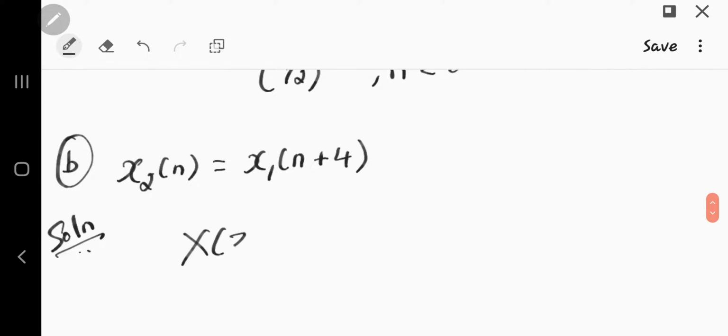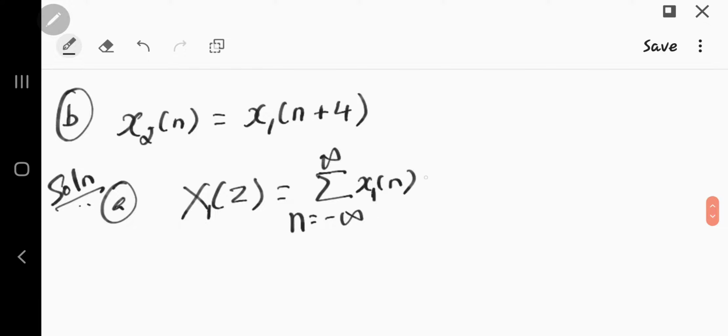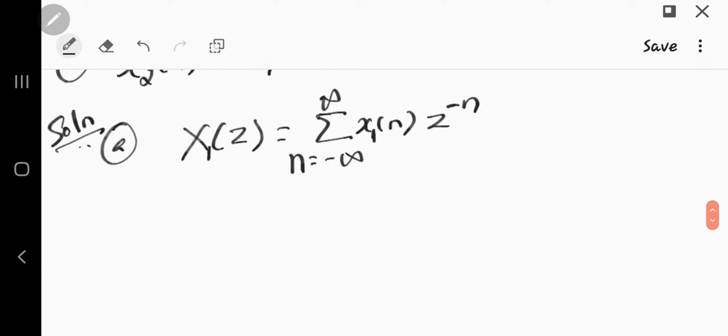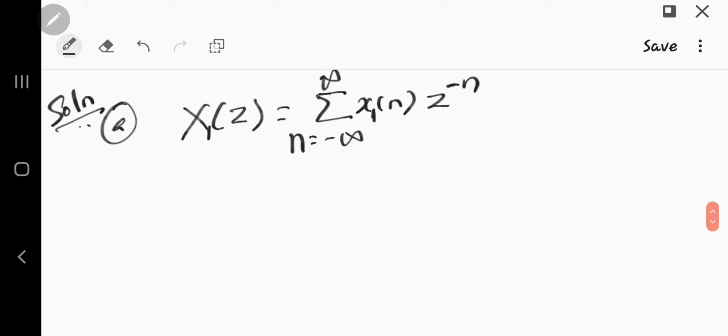From the definition of Z transform, since I'm finding this first one, I'll write this as x1 of z equal to summation n varying from minus infinity to plus infinity x1 of n z to the power of minus n. Now x1 of n has two different values at two different levels. For n less than 0, it is 1 by 2 to the power of minus n, and for n greater than or equal to 0, it is 1 by 3 to the power of n.